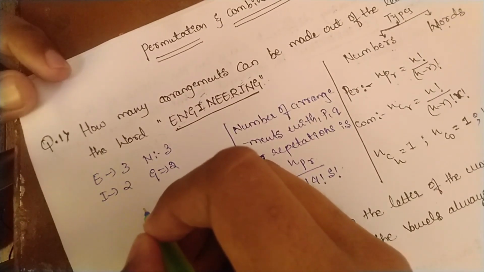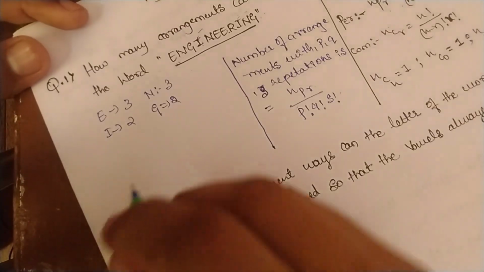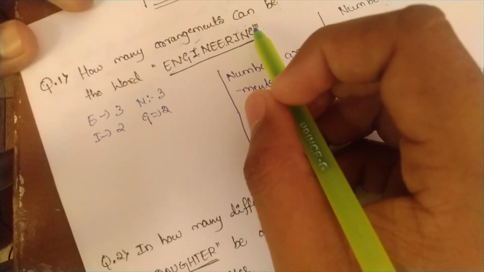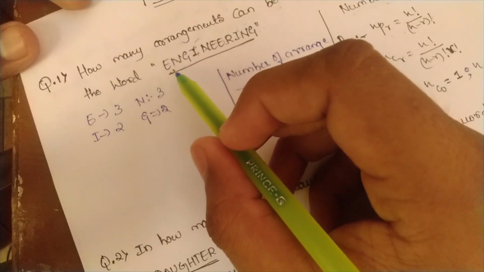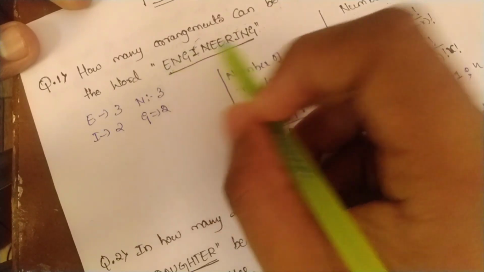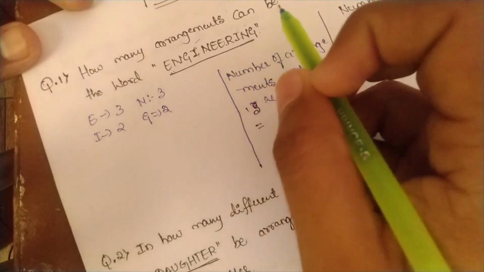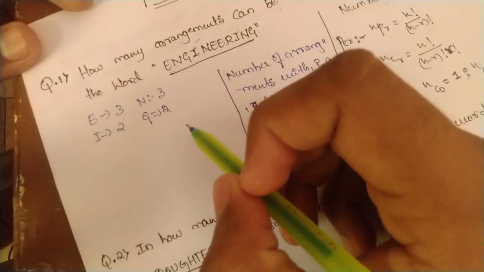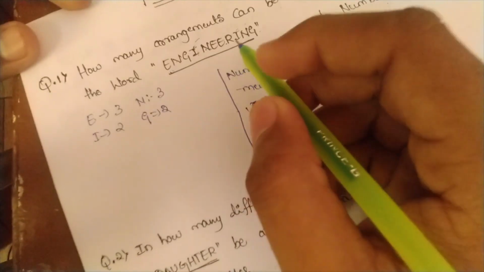With those repetitions we need to find the number of arrangements. The number of arrangements means in how many possible ways we can mix these letters to form a word, with or without meaning. They have not specified with meaning or without meaning. So how many ways can we form the word using these letters in a jumbled form.